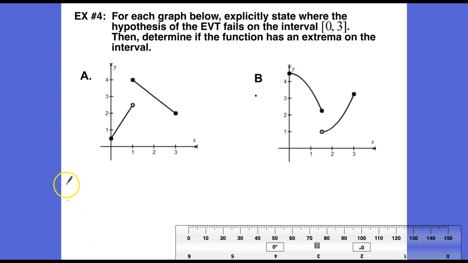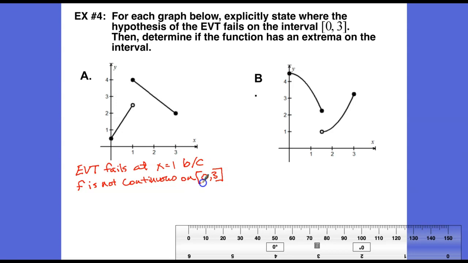So that's what we're going to say. So let's say EVT fails at x equals 1 because f is not continuous on closed interval 0, 3.